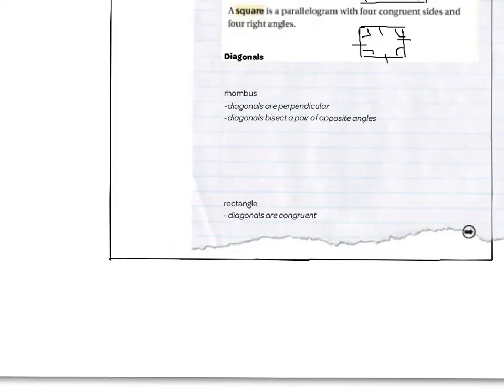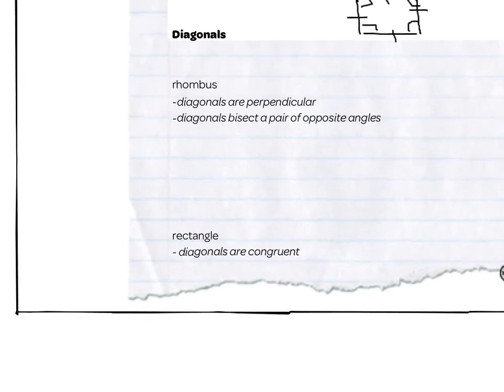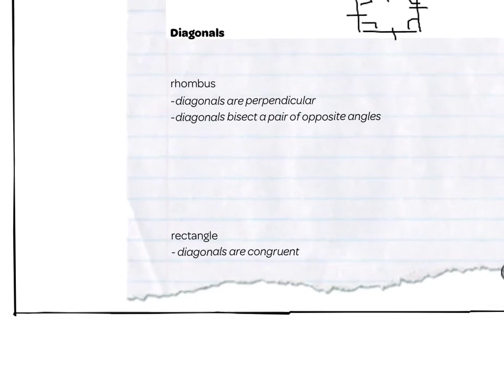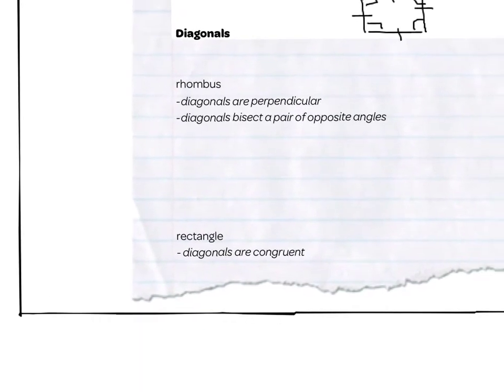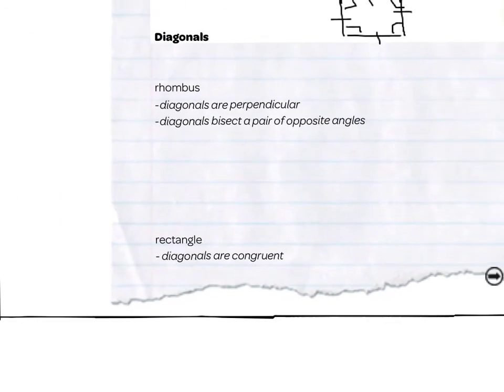So let's talk about the actual diagonals of these figures. If we look more closely at a rhombus, let's draw one here.